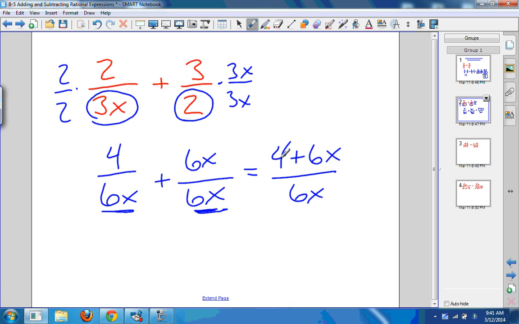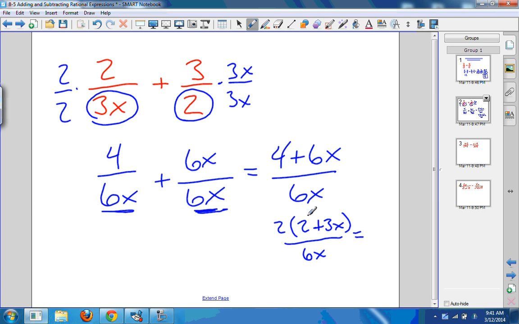So I see that 2 is a common factor with everything in the numerator and denominator here. So I can factor out a 2 out of everything. So 2 times 2 plus 3x over 6x. I know that 2 over 6 is 1 over 3.